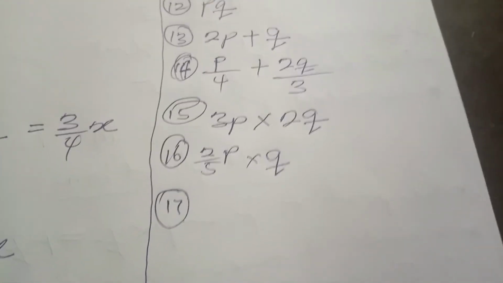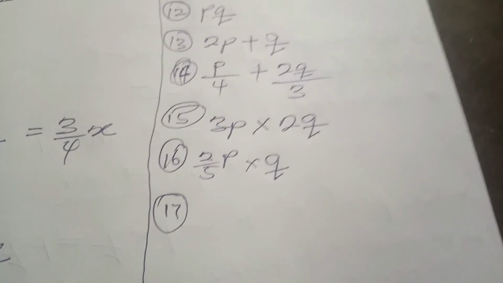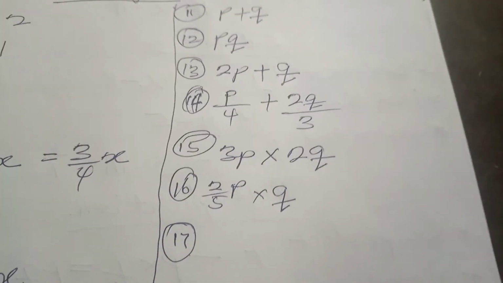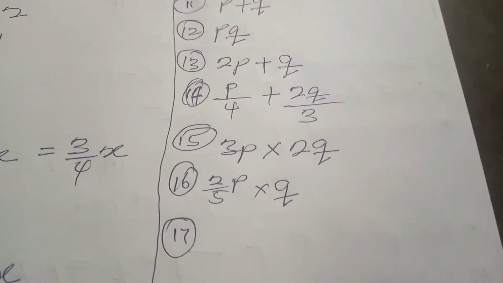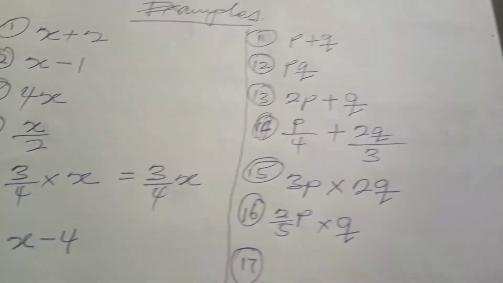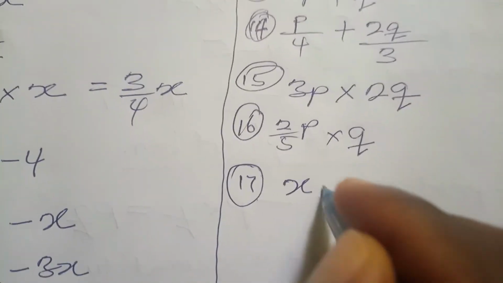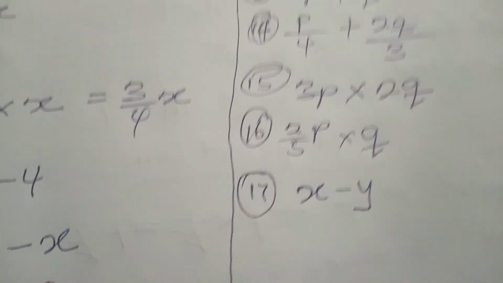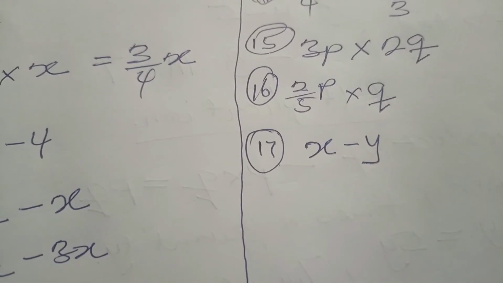So whenever they ask you to find the difference between two numbers, they are just asking you to do the big one minus the small one. So that will obviously be x minus y, because x is bigger than y.